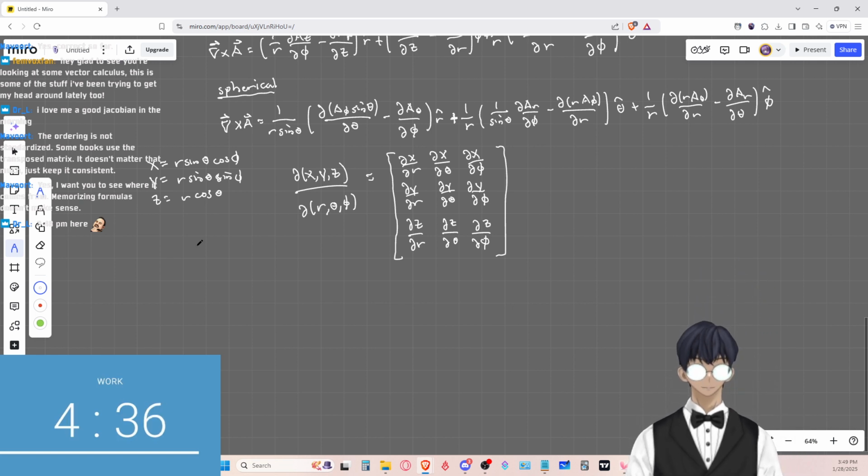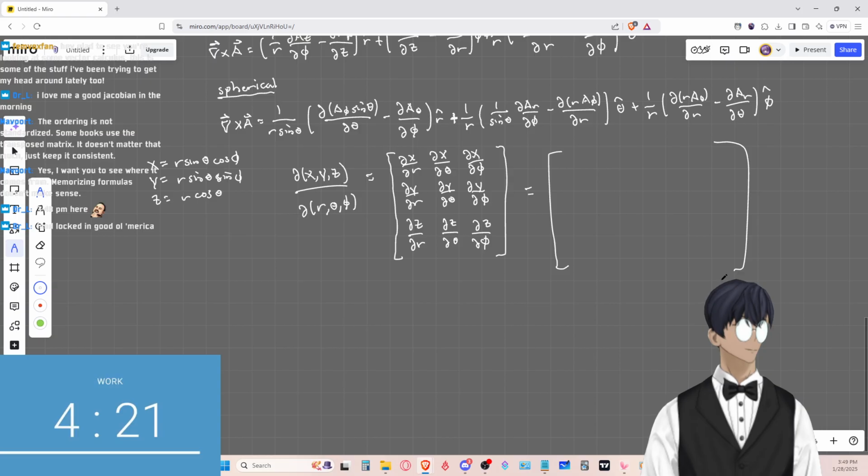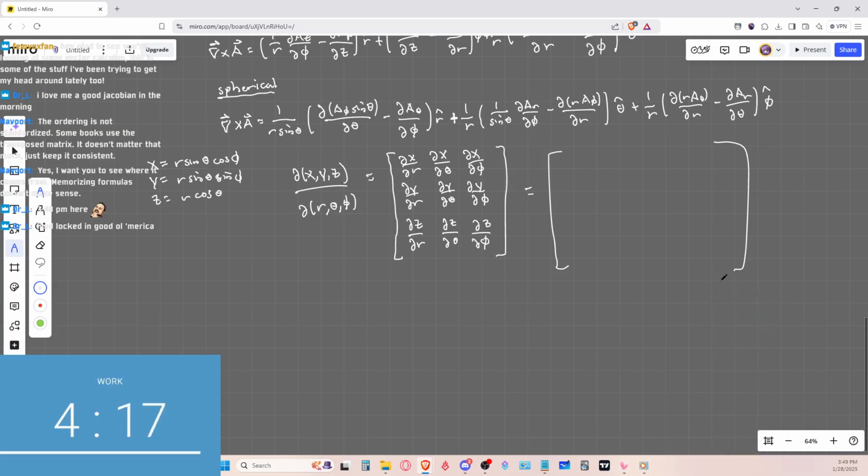Okay. So we'd have to take the derivative of this, right? So with r, okay. So I'm guessing now we have to write a lot of stuff. So it's sine of, yep.